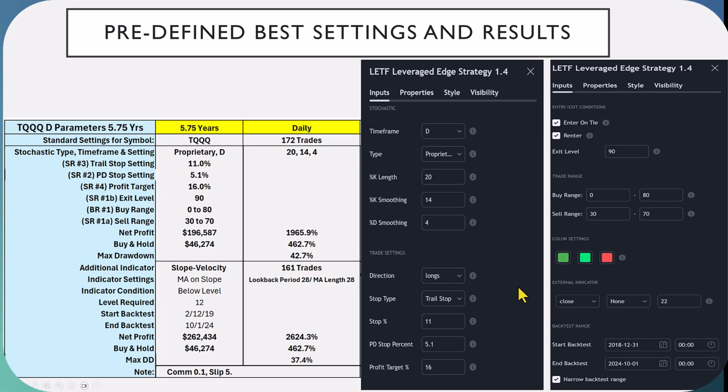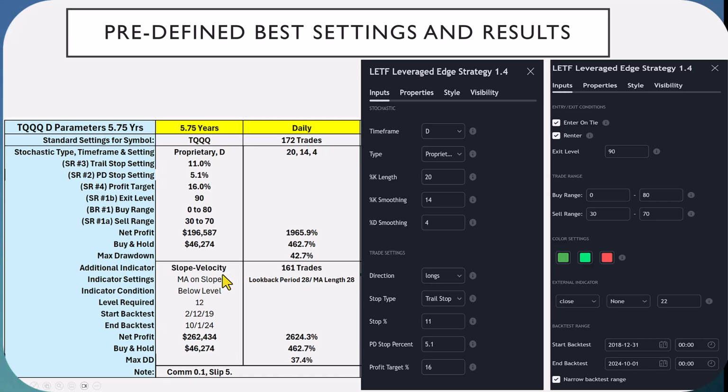There is an ability to add a second indicator, which is over here. It's called external indicator. There's 3 basic settings for it, and we provide you with the information for that. If there is a secondary indicator that has proven to provide additional performance, we'll give you that information on the spreadsheet.